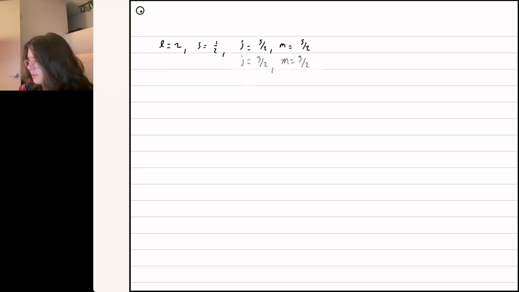So the first one's actually not too bad, and it's going to be the basis for the rest of the problem. If we have a quantum state like this, it's going to be L, S, J, so 2, 1/2, 5 halves, and then M of 5 halves.